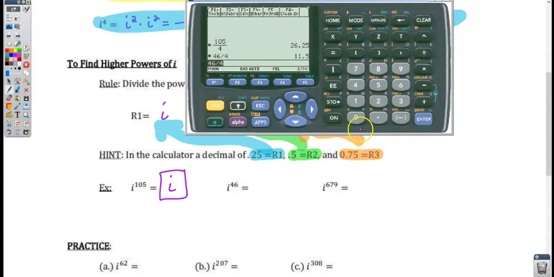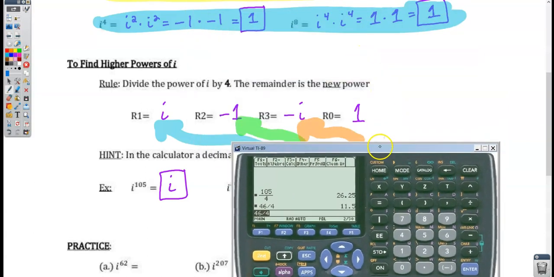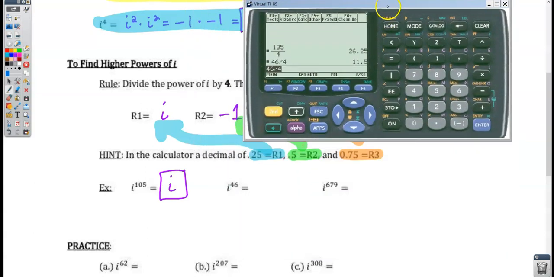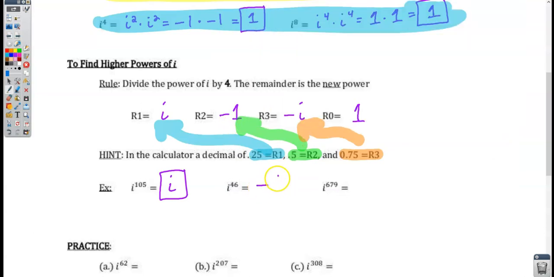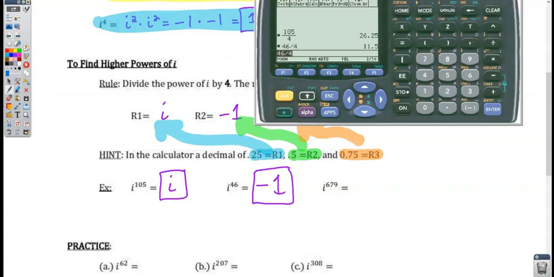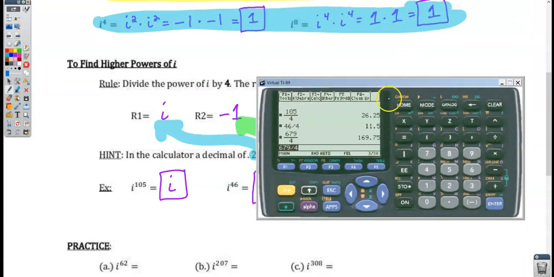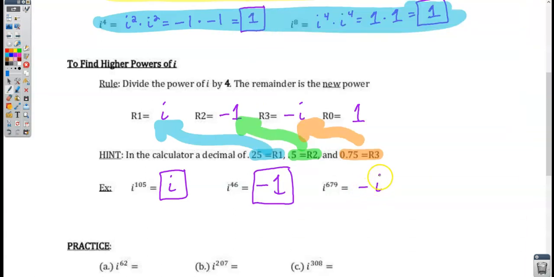That's like getting a remainder of 2 when we divide. A remainder of 2 means that it's equivalent to -1. So i to the 46th power can be replaced with -1. i to the 679th, I'm going to go ahead and take 679 and divide it by 4. I get 0.75 as my decimal, so that's a remainder of 3. When I have a remainder of 3, that's equivalent to -i, and so this is equal to -i.